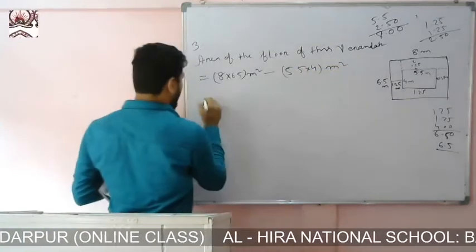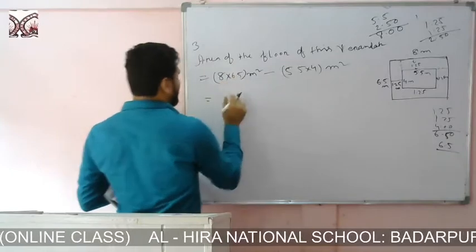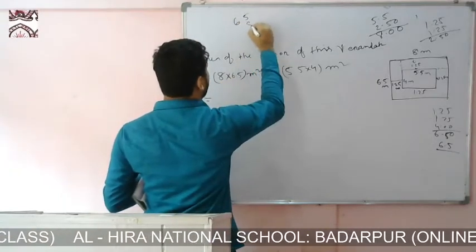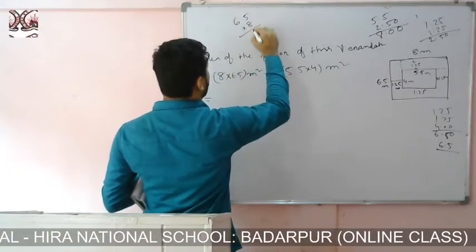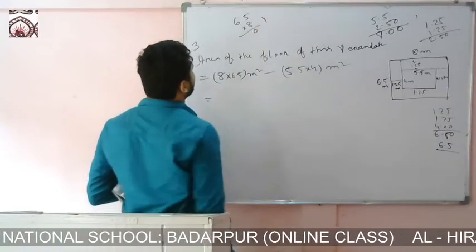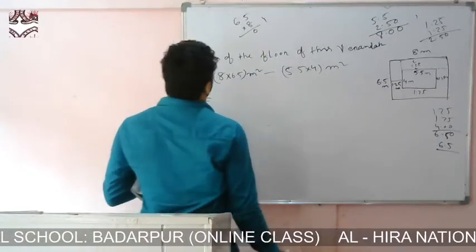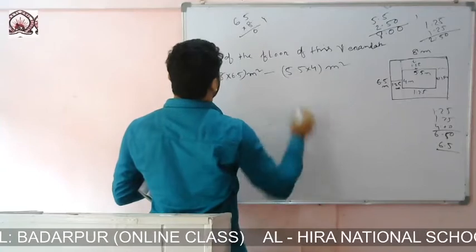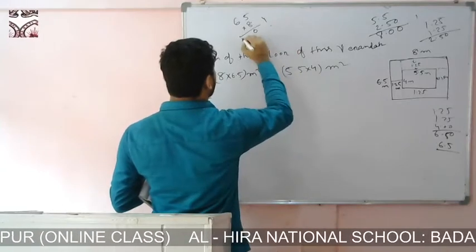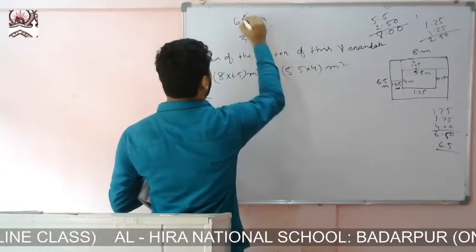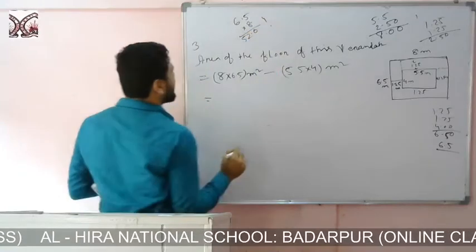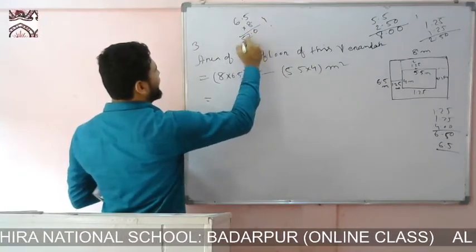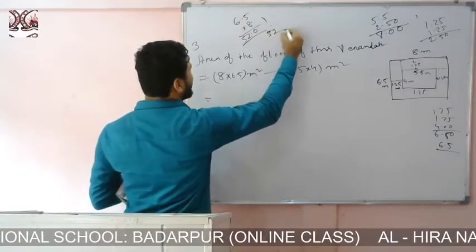Now you can find. If you multiply 65 by 8, 5 eights are 40 and 4, 6 eights are 48, 49, 50, 51, 52, and point is there, so we'll put here point. So 52.0, you can write directly 52.